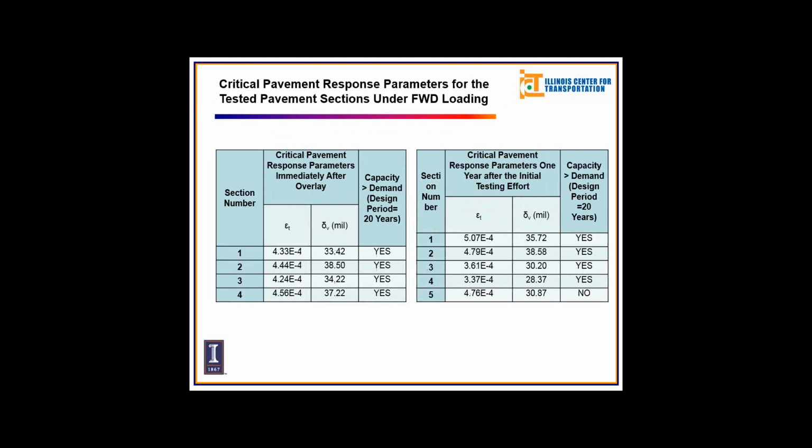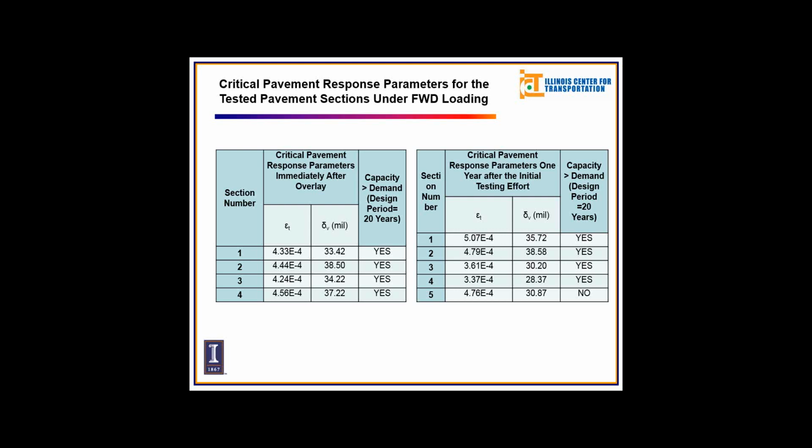And this table shows what we had after the overlay was done and one year after the initial testing, the table at the left. If you remember, sections 1 through 4 were overlaid with 1.25 to 1.5 millimeters of HMA. After we did our FWD testing, we saw that the pavement was doing fine.